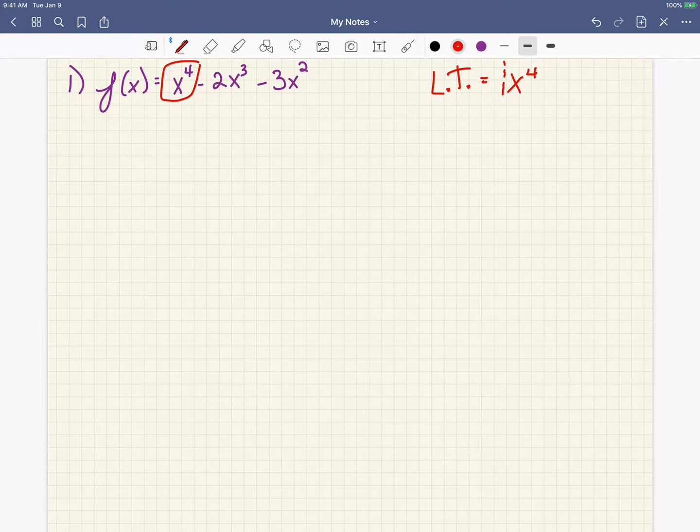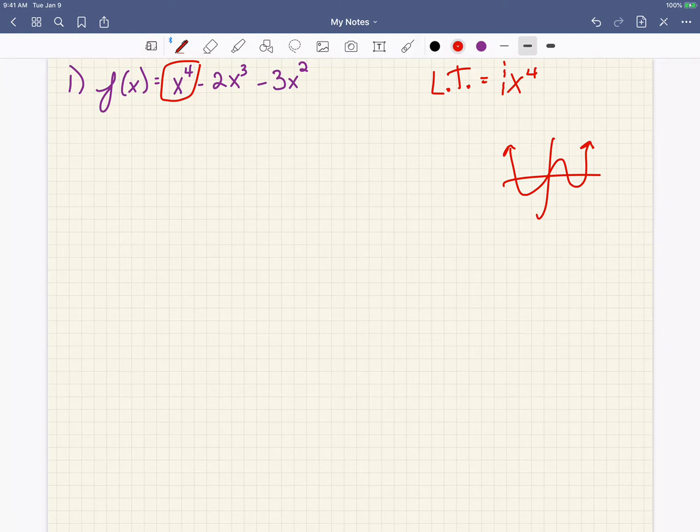So I can go ahead and figure out, well, let me see. If my n, or my exponent, is an even number, and the leading coefficient is 1, which is positive, that means I already know that my graph most likely is going to go up and up, right?